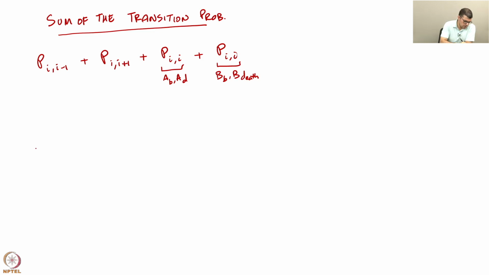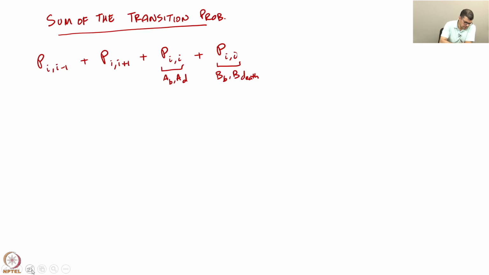So, let us just try and sum these up. I to I minus 1 is B dying and A born. So, that is equal to B dying and A born, which is n minus I times Ra divided by n minus I times Ra plus I times Rb.